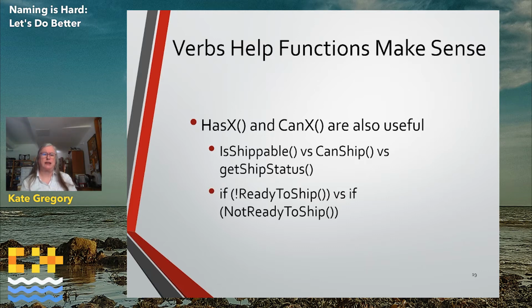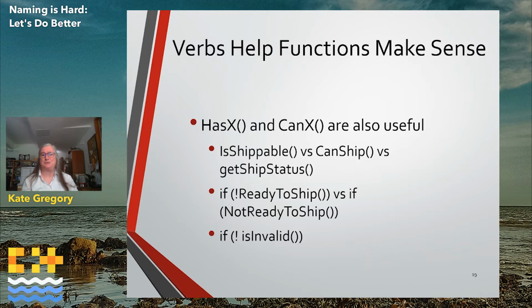Think about the not. Do people mostly say if it's not ready to ship? And if they do say that, how do you want to pronounce that, or how do you want to spell that? By calling ready to ship and putting the not operator in front of it? Or do you want to have your function called not ready to ship? You see a lot of this. If not is invalid, would that be the same as if is valid?